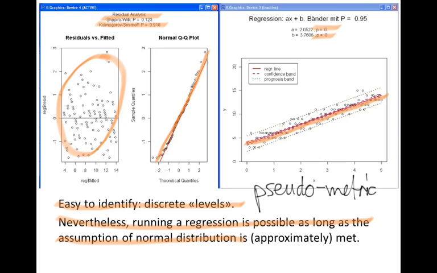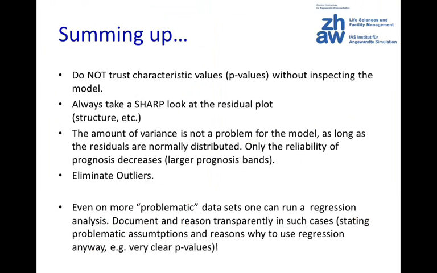Let us sum up what we have learned about regression. So the first and most important message is, please do never just trust p-values without inspecting the model optically. Always take a very sharp look at the residual plot, whether there is some structure.